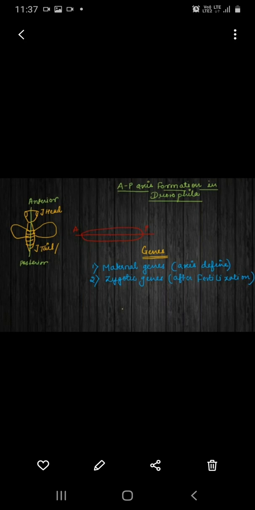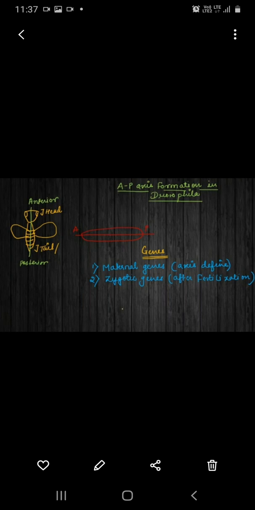Students, today we will be discussing a new topic. It is the axis specification in Drosophila. Whenever we speak of axis specification, we know that we are talking about the formation of some features in certain orientation, in certain direction.